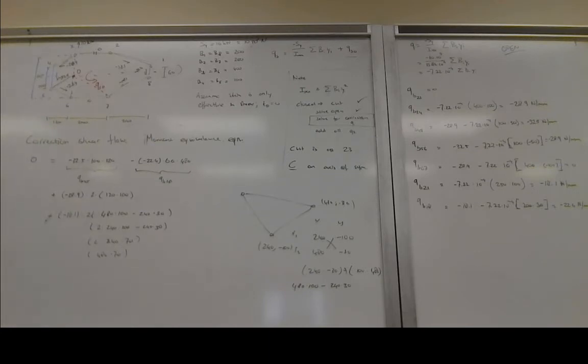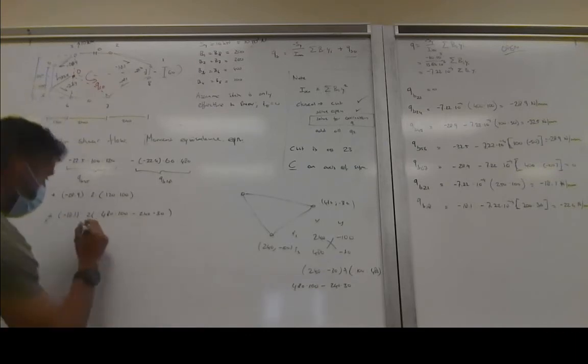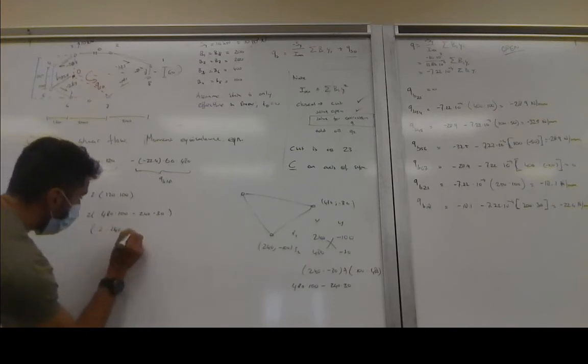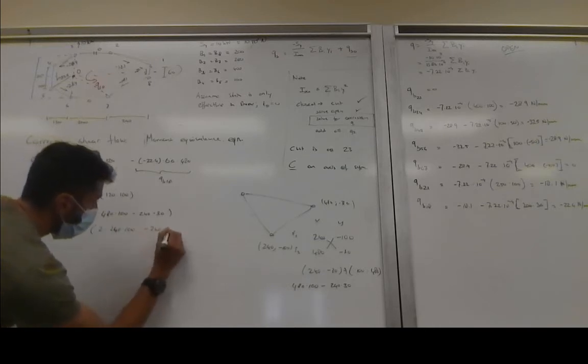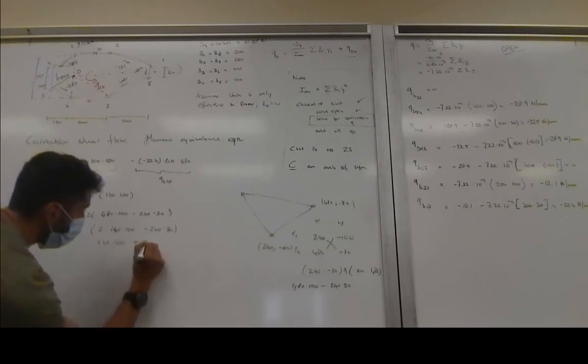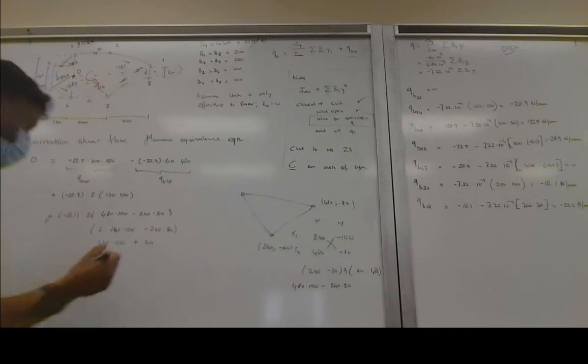So you can see that this is somewhat confusing. If he just gives you this number, you have no idea where it comes from. Even worse, he does this step. He says this is 2 times 240 multiplied by 100 minus 240 multiplied by 30. So this is 240 multiplied by 100 plus 240.